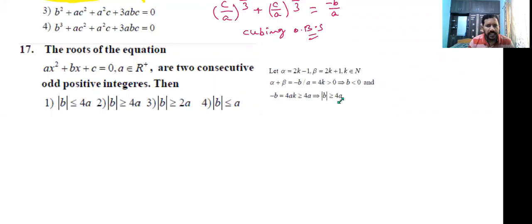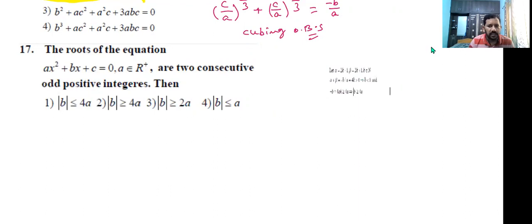17th one. See the 17th one. What happened? What is given? See. The roots of the equation ax square plus bx plus c is equal to 0 are two consecutive odd positive integers.